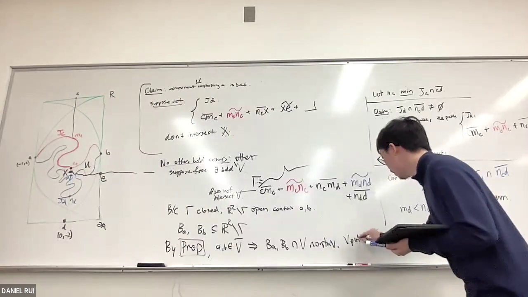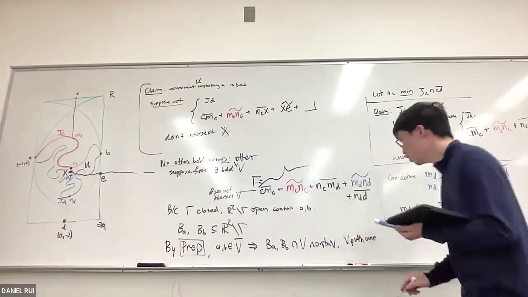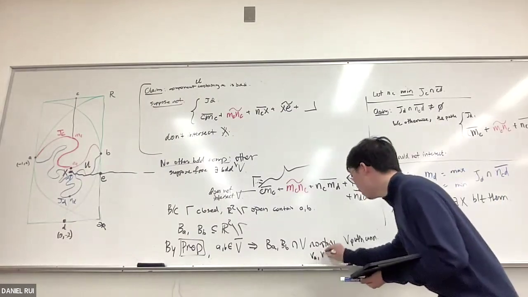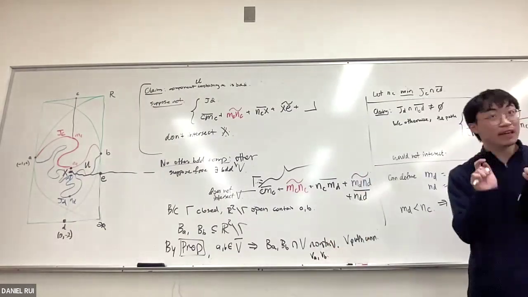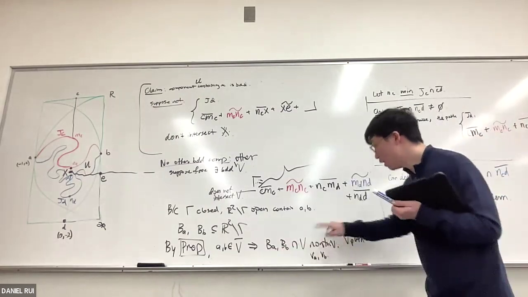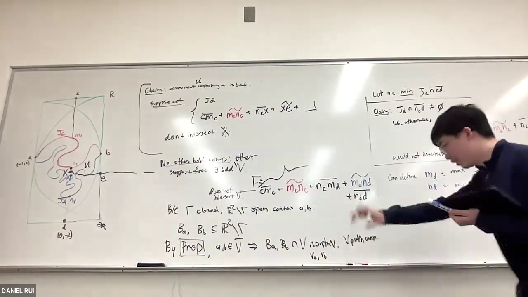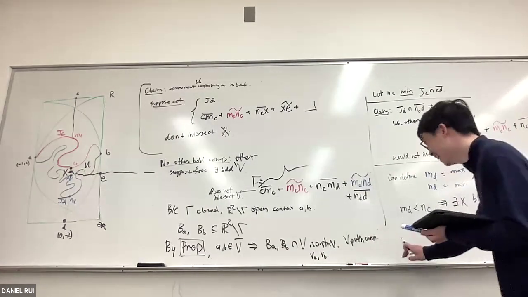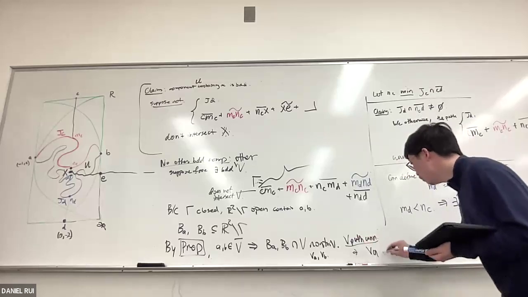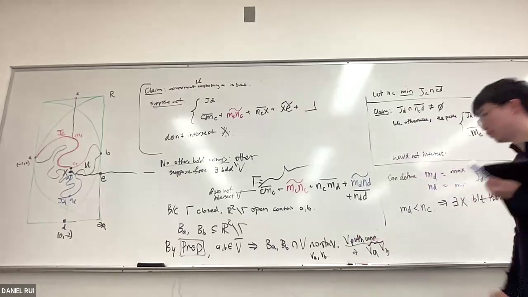V is path connected. So let's say they intersect at VA and VB, so little VA, little VB are in the intersection of BA and V, and BB and V. V is path connected, and so there is a path VA, VB tilde.